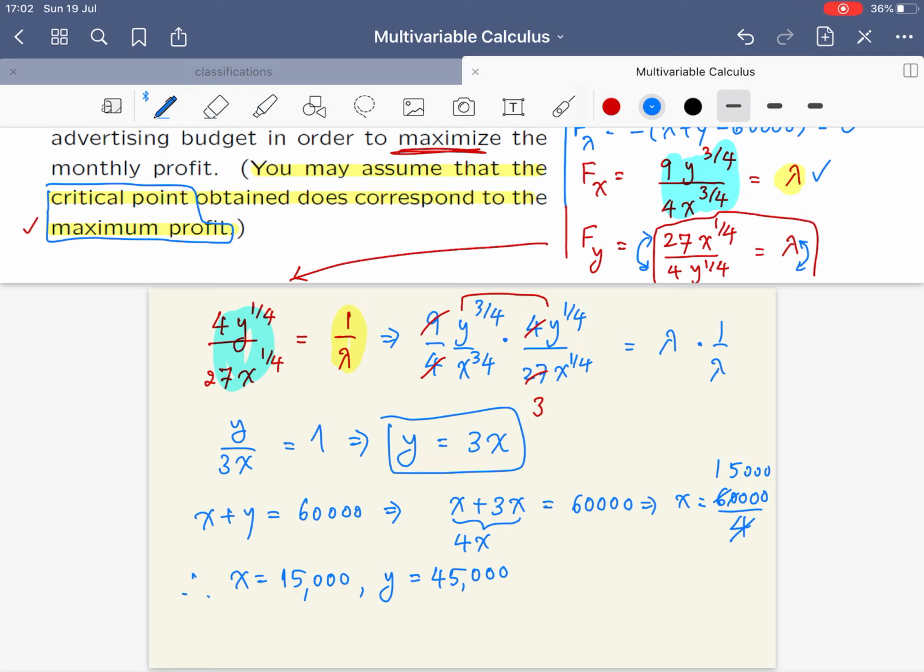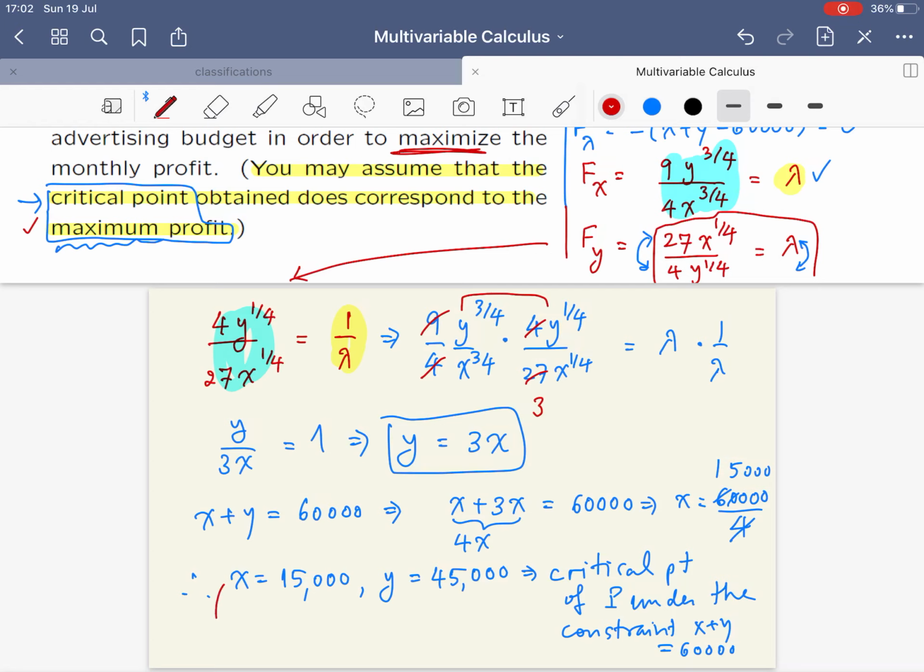At first this is actually a critical point of the profit under the constraint x plus y equals 60,000. However, it is saying here that the critical point corresponds to the maximum profit.